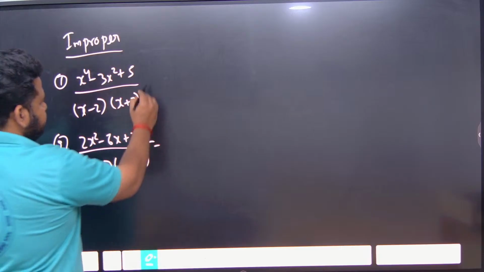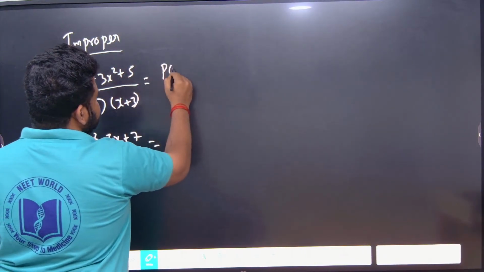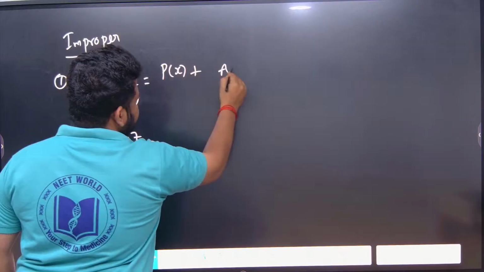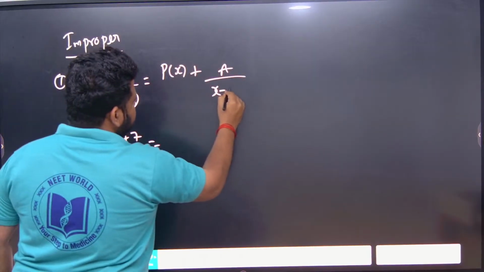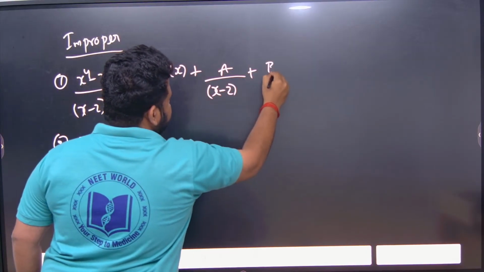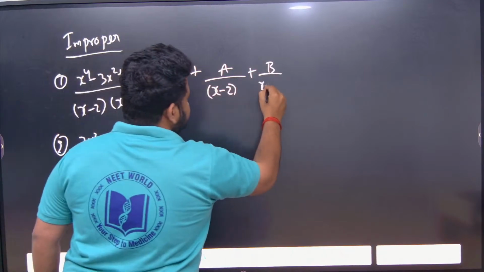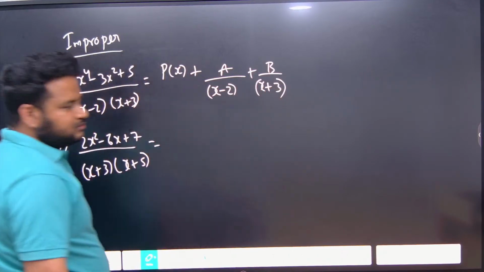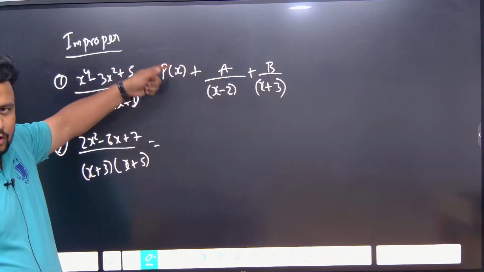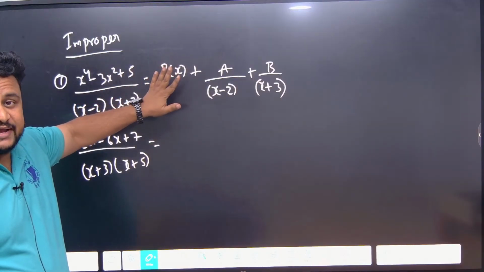See here, this one I can write in the form p(x) plus a by (x minus 2) plus b by (x plus 3). Now, whether p(x) will be quadratic, cubic or whatever, how can I determine it?